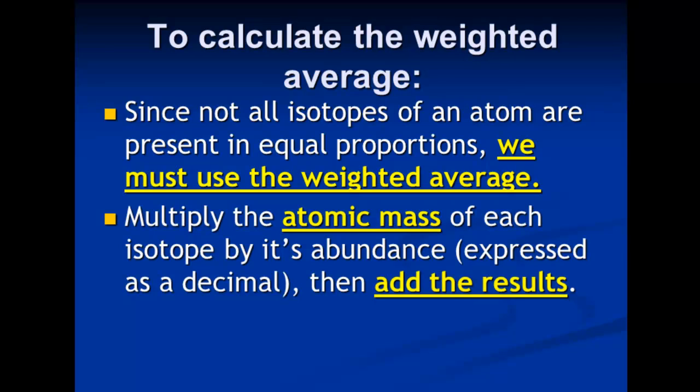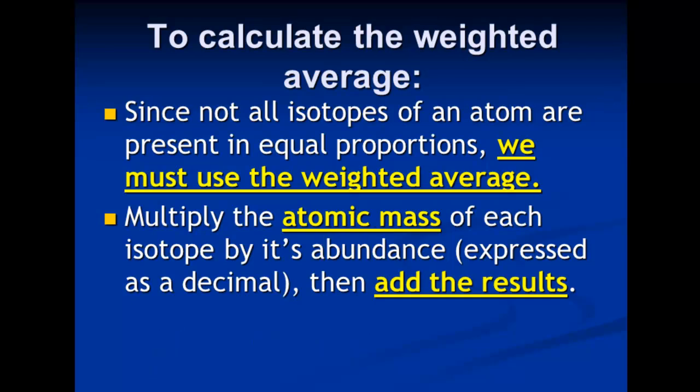So what you do is multiply the atomic mass of each isotope by its abundance, expressed as a decimal. Oftentimes this abundance is given to you as a percentage. If so, all you have to do is take the percentage and divide by 100 to get the abundance as a decimal.